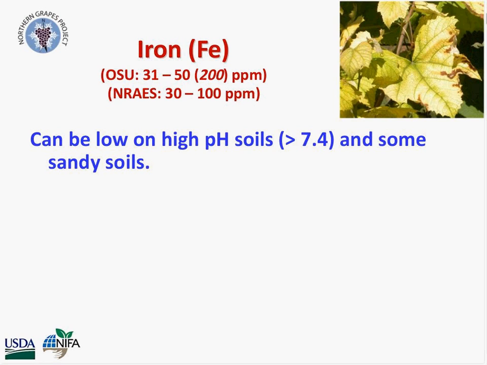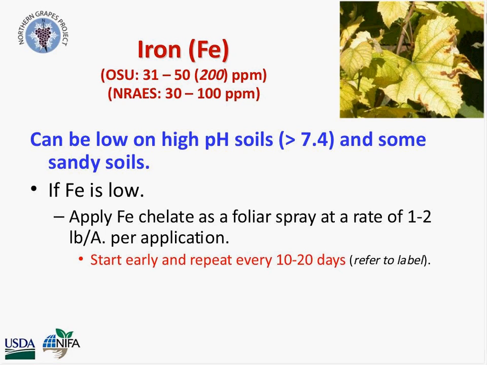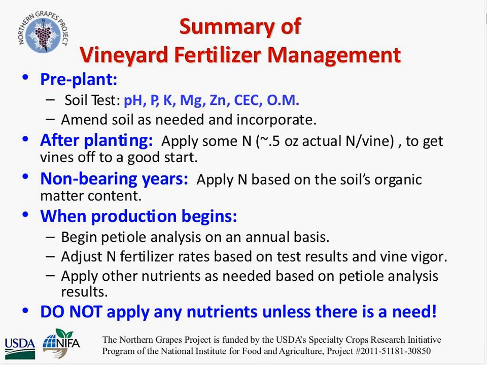Okay, so, summary. Kind of cover everything we've talked about. Of course, do soil testing as needed and incorporate. After planting, some nitrogen the first year to get the vines off to a start, and then in the non-bearing years, base your nitrogen applications on the soil's organic matter content, and when production begins, then begin your petiole analysis on an annual basis.